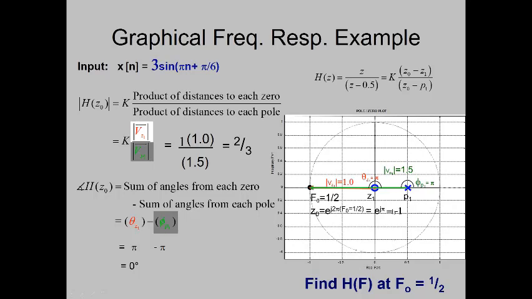So this method can give us a qualitative idea of what the shape of the magnitude response of the system is if we think about the length of those vectors.